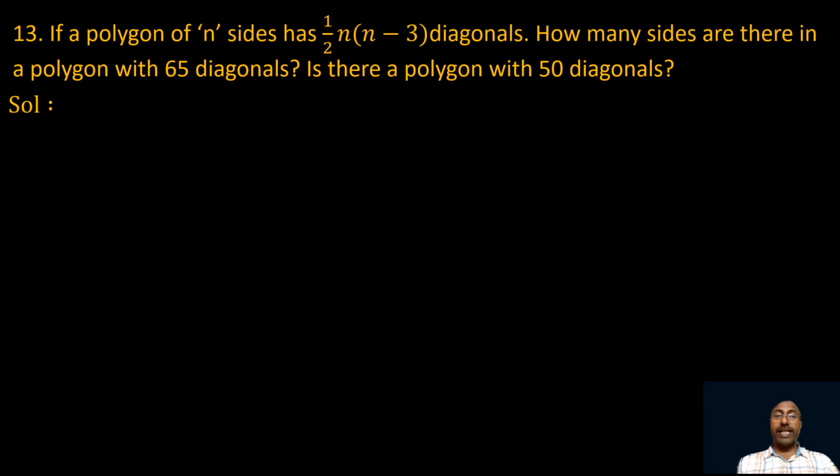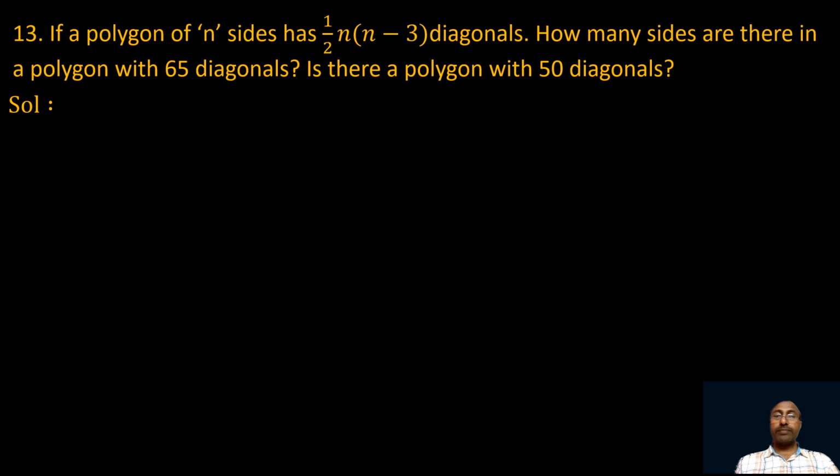that the number of diagonals in a polygon of n sides is half into n into n minus 3. This is a universal rule. In any polygon of n sides, we have the number of diagonals as n into n minus 3 by 2. So using this formula, we can find the diagonals in any polygon.